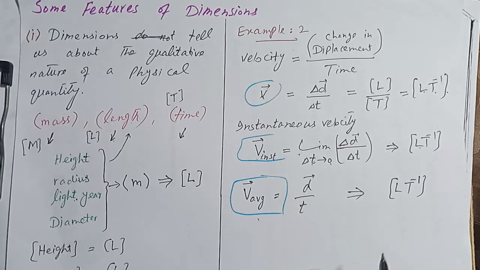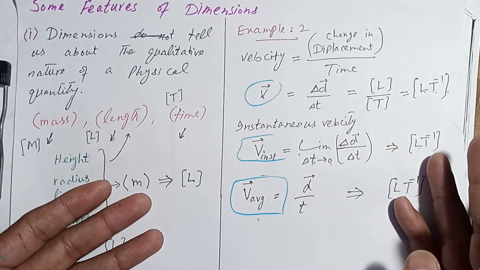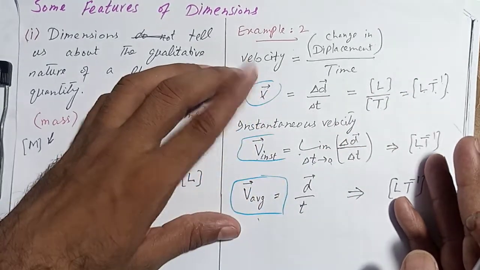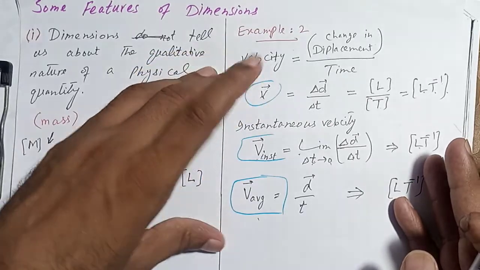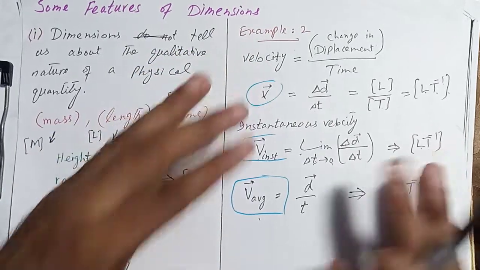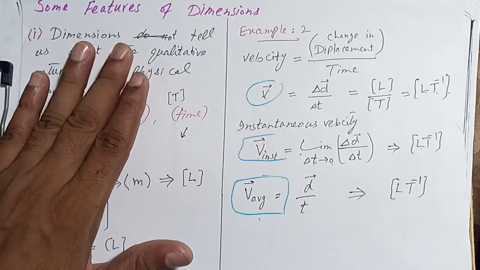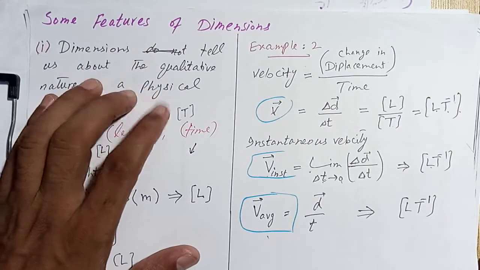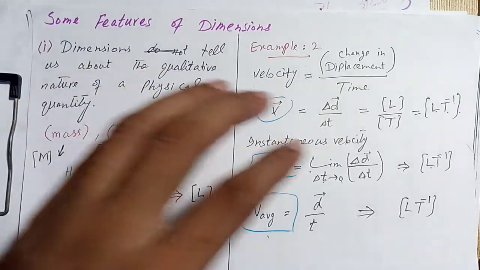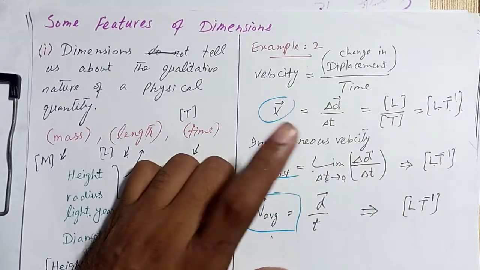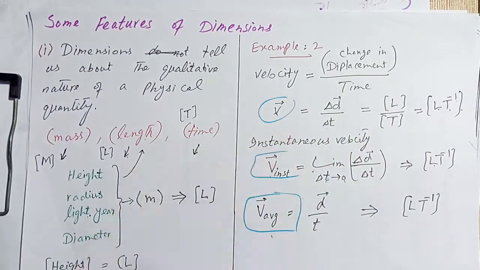But dimensionally, we see that all these three terms have the same dimensional formula, which means that the nature of velocity, instantaneous velocity and average velocity is the same. So the first feature which we are discussing is that dimensions tell us about the nature of a physical quantity.